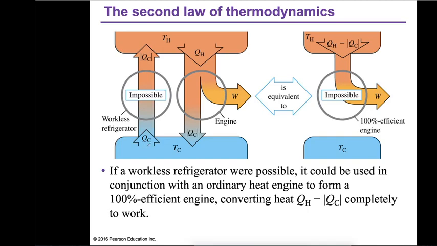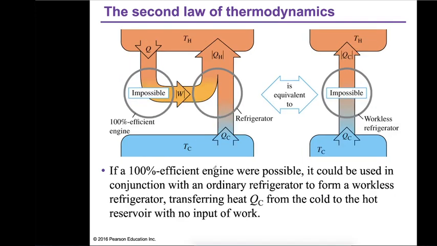If it's possible that heat can be transferred from a cold place to a hot reservoir without any work done, then you can combine this process with another engine. Then you will see this engine is doing some work without transferring any heat to the cold reservoir, which is a 100% efficient engine. If this is possible, then that is possible. This is impossible, so the other is also impossible.